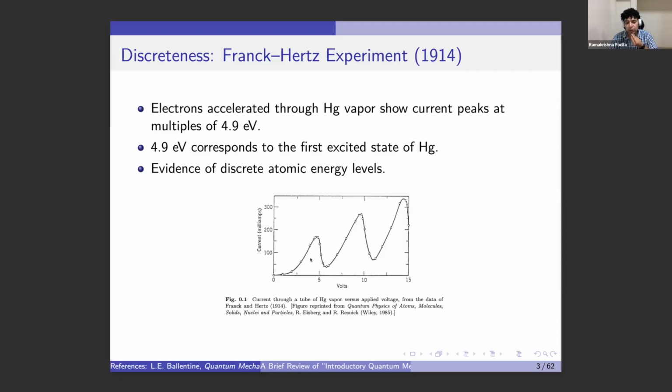This shows that the electronic levels in that mercury vapor are discrete, that is, they're going in multiples of 4.9 electron volts. This is famously known as the Franck-Hertz experiment, which provides evidence of discrete atomic energy levels, the first essential feature of quantum mechanics: energy levels are not continuous, but rather discrete.